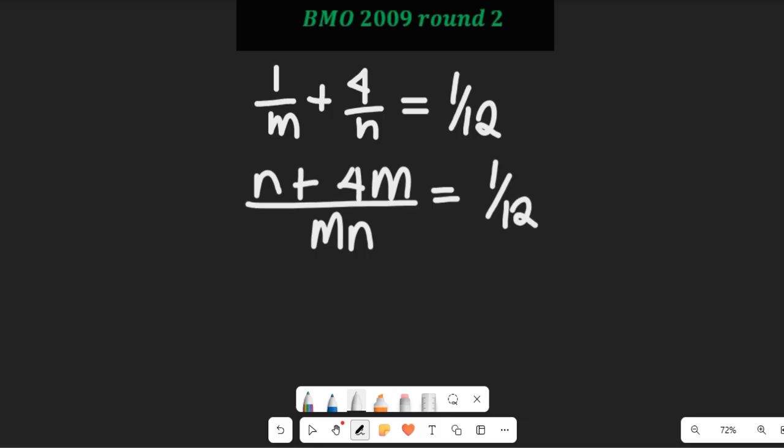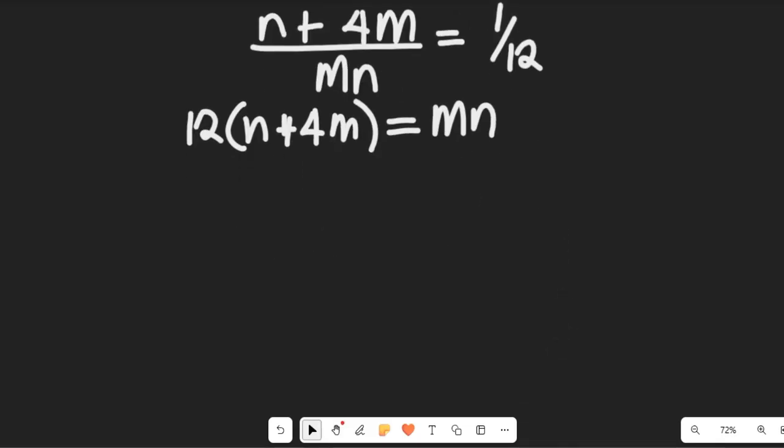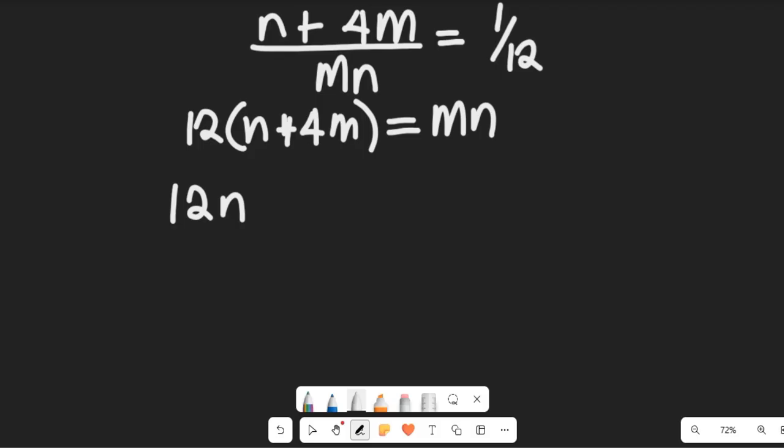Great. So what do we do here? We're going to have 12 multiplying n plus 4m, and this will be equal to mn when we cross multiply. So if we simplify this, we're going to have 12n plus 4 times 12 times m, this will give me 48m, and this is going to be equal to mn.